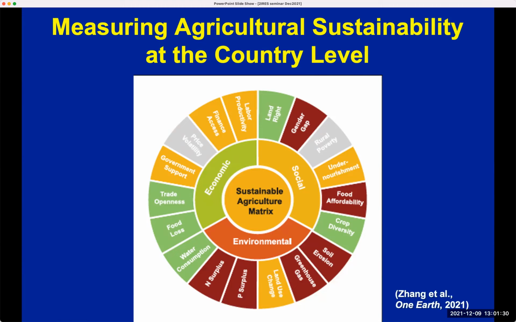These are all the metrics they use: gender gap, land rights, greenhouse gas emissions, soil erosion, trade openness, and they put them into the normal three areas: economic, social, environmental. Production is not separated out. They have this matrix. Each country can evaluate itself. You can alter it. The color scheme here is a little bit different, but if you're doing really good sustainability practices, the country has to be green.